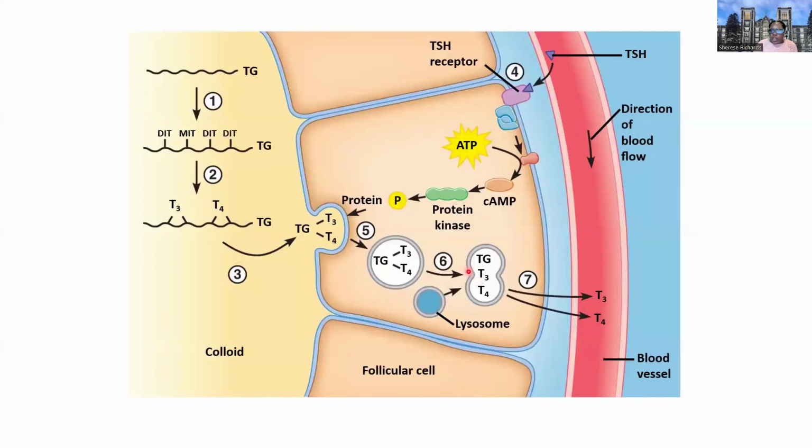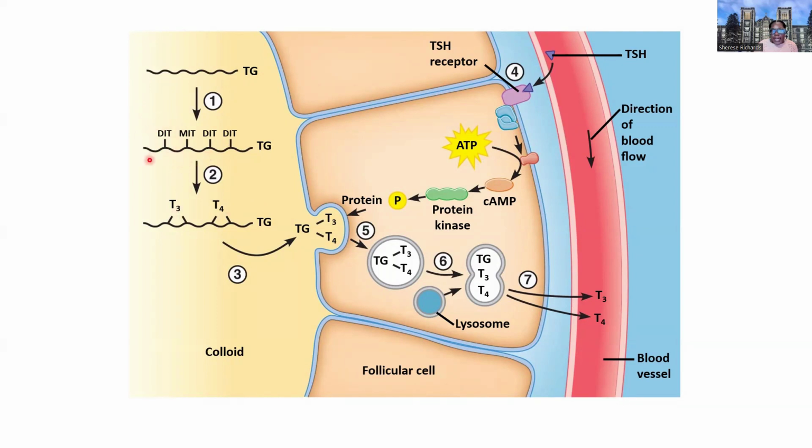Okay. So looking more closely at the mechanism of how this is converted. So here is thyroglobulin. And then here are these iodide residues, and they are added to thyroglobulin in order to make T3, T4. If we have DIT, which is two iodide residues, then we make T4. Two DIT makes T4.